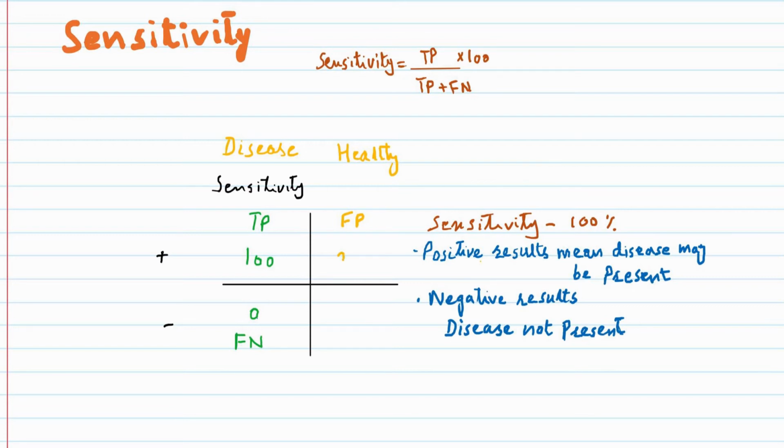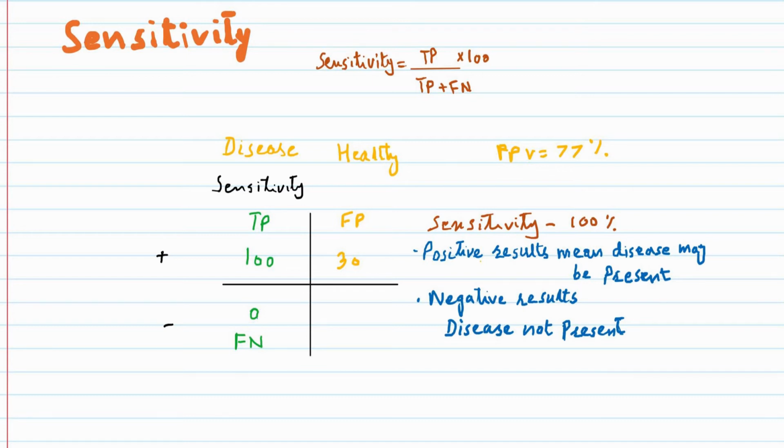Suppose we have 30% false positive results with this test, then the positive predictive value in this test will be 77%. We can see that although the sensitivity of the test is 100%, the positive predictive value is only 77%.